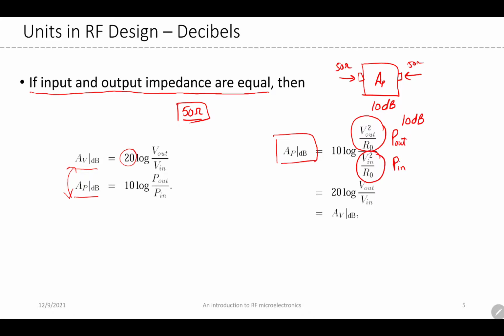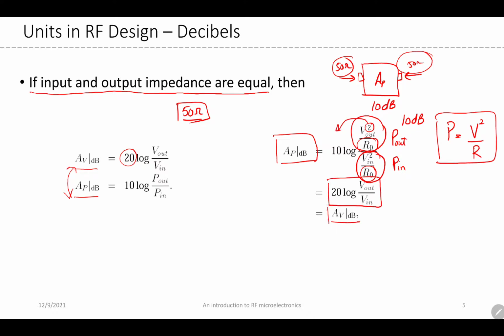We remember from our UG courses, or even from higher secondary school, that power is V squared by R. So P out is V out squared by R, P in is V in squared by R, and since this R is the same for a 50 ohm system, you can cancel those and the 2 comes out. This becomes 20 log V out by V in, which is nothing but voltage gain expressed in dBs.